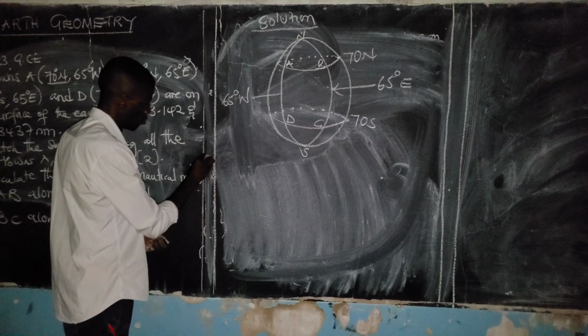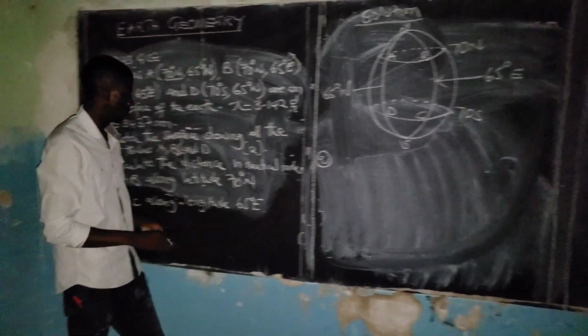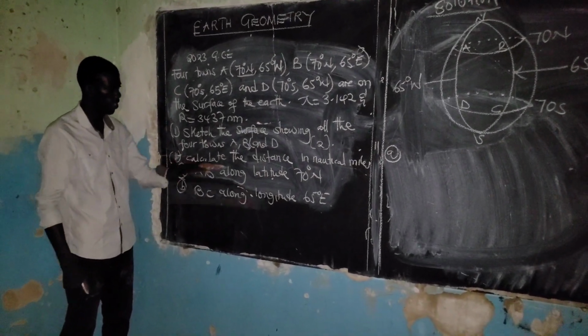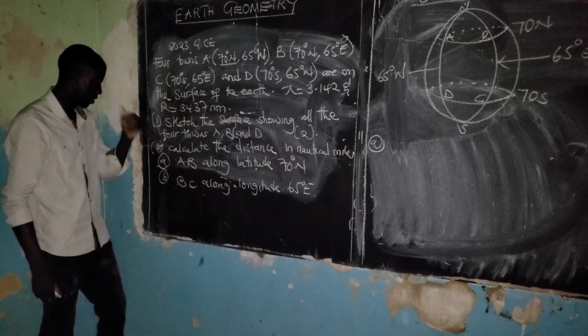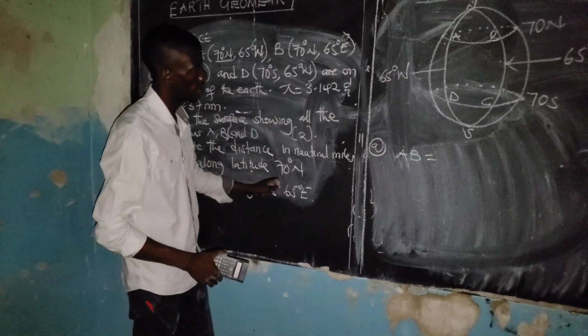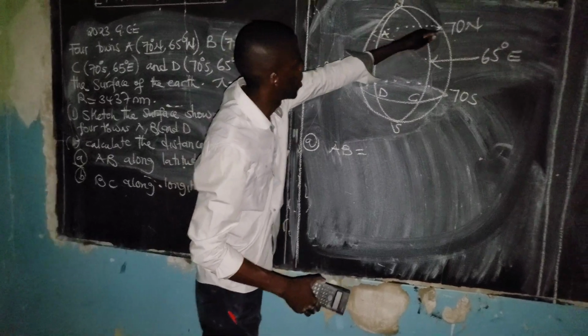Okay, we move on to Roman numeral 2a. With Roman numeral 2a, it says calculate the distance. The key part here, nautical miles. Okay, AB along latitude 70 degrees. So our AB, which is that one.